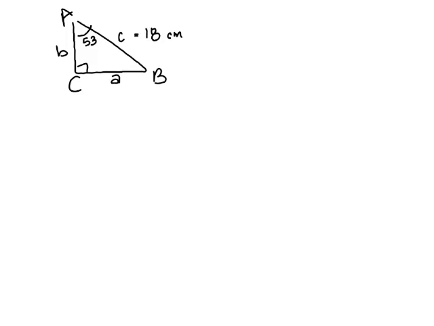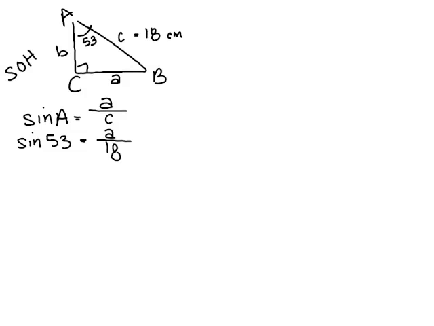Okay, let's do both. Let's do the sine for angle A. So sine A equals, right, opposite over hypotenuse. So opposite angle A is little side A. Plug in what I know. So sine of 53 degrees equals the little a side over the hypotenuse. So we need to get the little a alone, times both sides by 18. So the little a equals 18 times sine of 53 degrees.